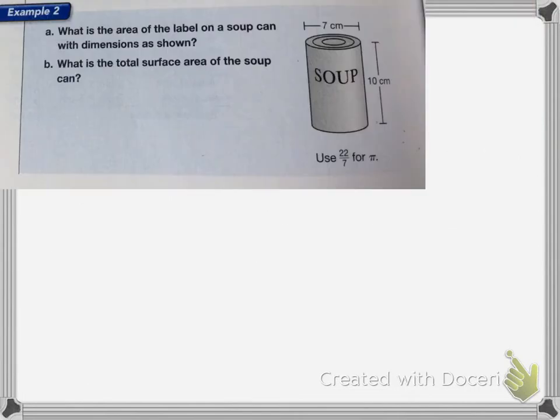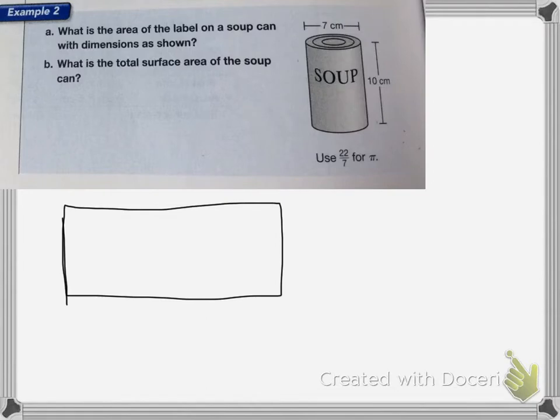Okay, on this one, it wants to know the area of the label on a soup can with the dimensions shown, and then the total surface area. So with this one, if I were to take this can of soup and break it up into parts, the label would look like a rectangle that's wrapping around the 2 circles of the lid and the base.